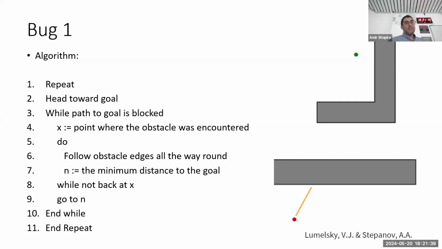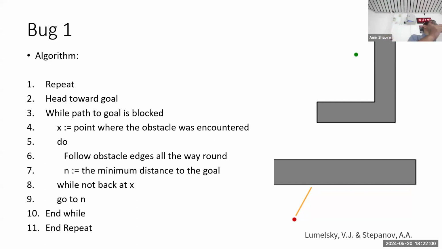It goes like this. First, go directly towards the target. Then when it hits an obstacle, just go around the entire obstacle and measure the distance to the target at each point of the obstacle.